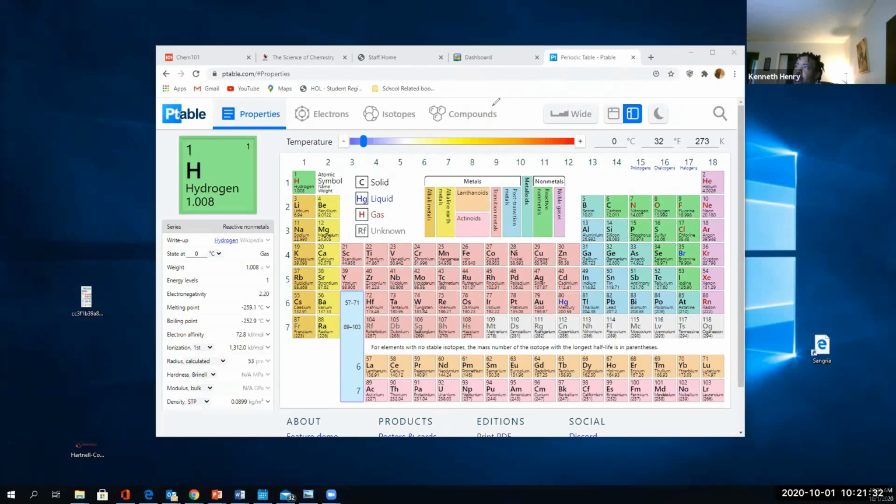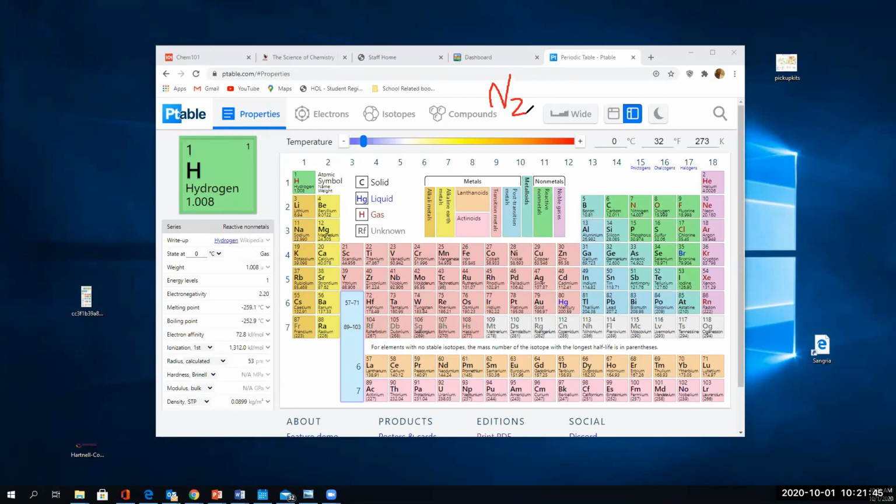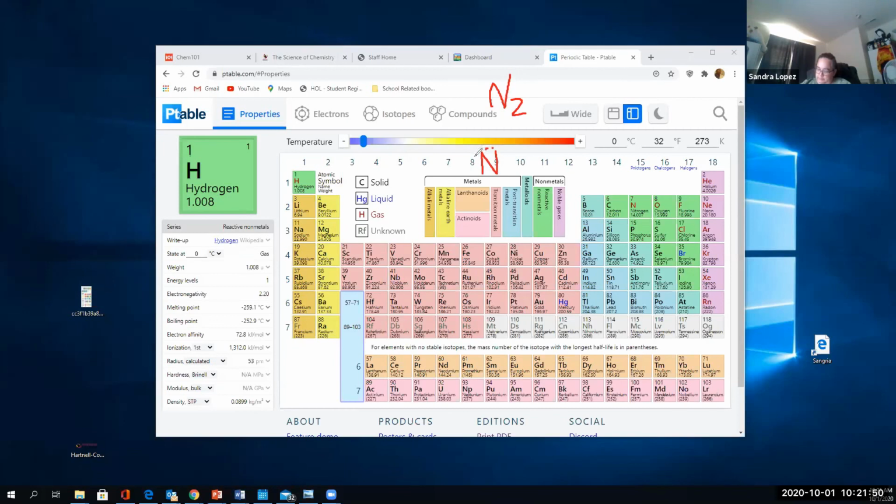So let's do one more and then we'll move on. Okay? N2. 5. So 10 electrons. So we have 10 valence electrons, 5 around each one. Okay? So how many electrons have to be shared for them to reach their octet?